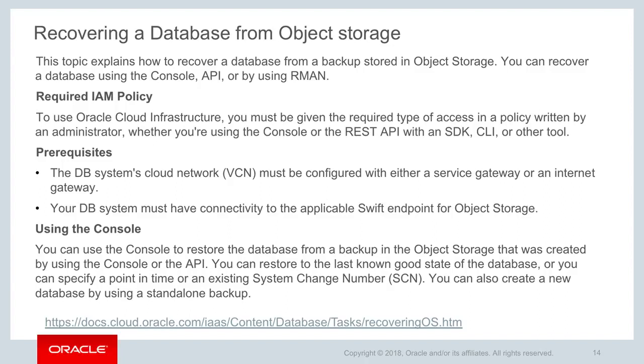You can also create a new database using a standalone backup. I have provided a link at the bottom of the slide where you can find more information and do a deeper dive on the database restore process.